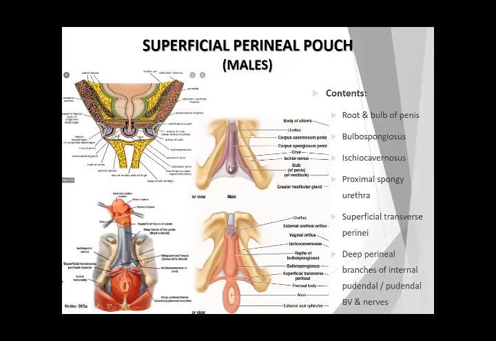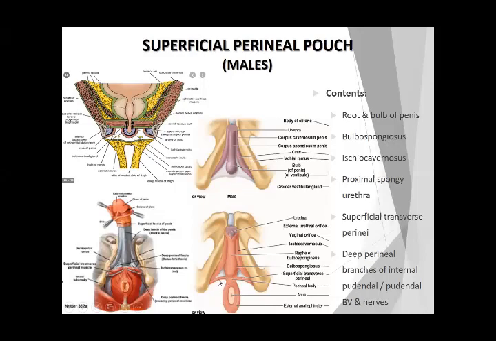This is the bulb and the root of the penis. Okay? It is surrounded by two muscles, the bulbospongiosus and ischiocavernosus. They are also part of the perineal pouch.